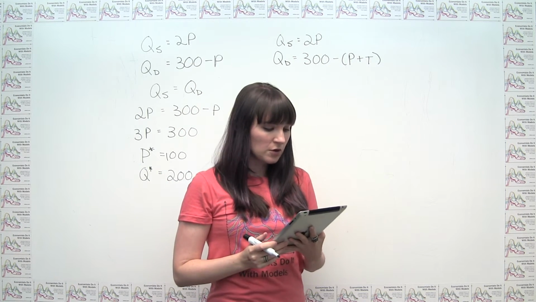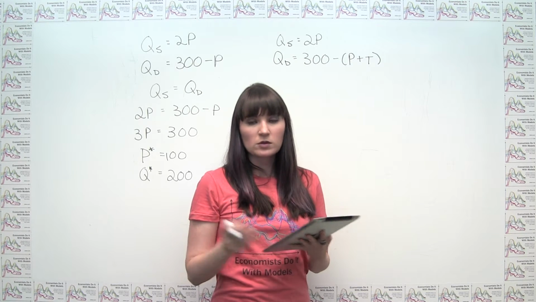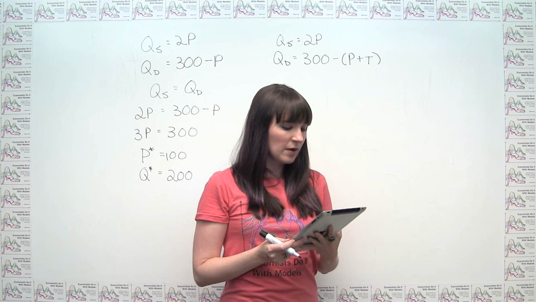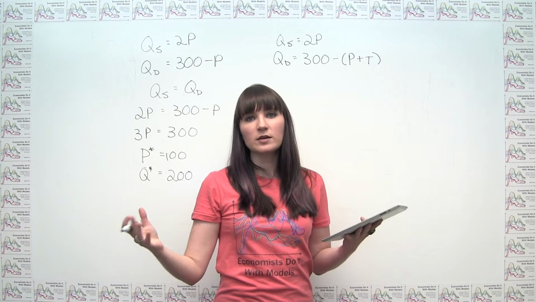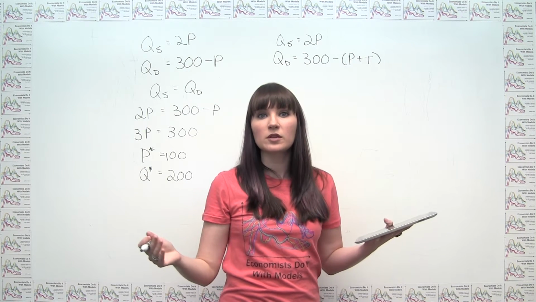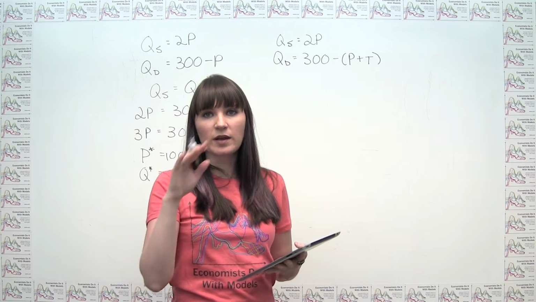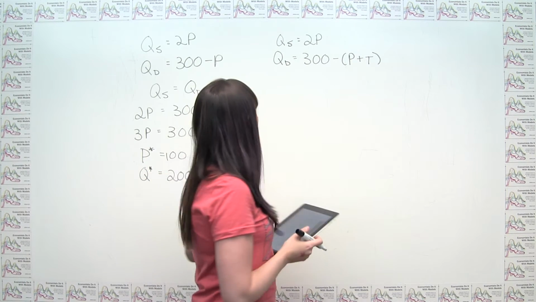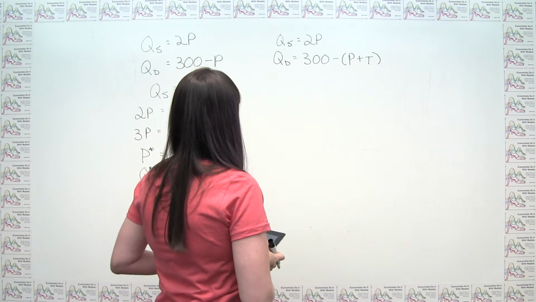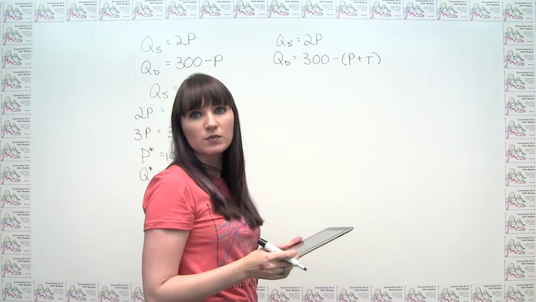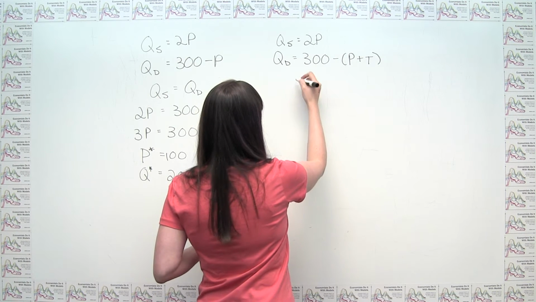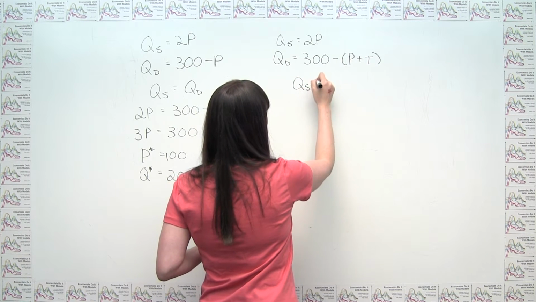Then it says solve for the new equilibrium, so we can do that. It's asking us to think about what happens to the price received by sellers, the price paid by buyers, and the quantities sold, which are those typical things that we usually think about when doing our supply and demand graphs. So let's do this. We still know that equilibrium is defined by quantity supplied equals quantity demanded.